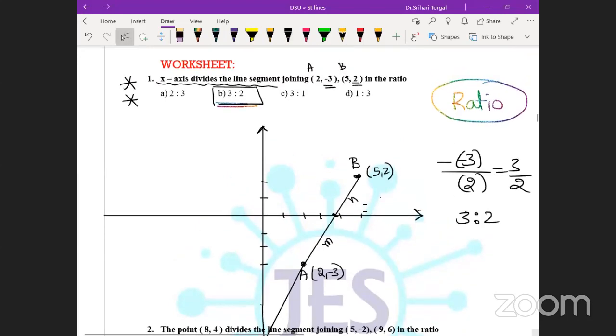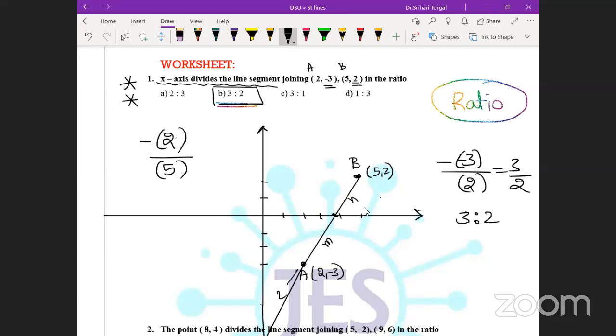I have to get the negative value: minus, bracket by bracket, right? What is that x value? Since it is the y-axis, you need to take the x coordinates, that is 2 and 5. Minus 2 is to 5.